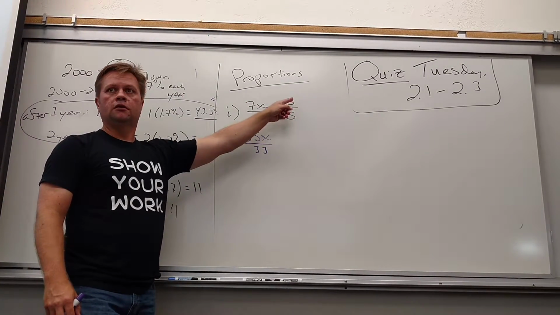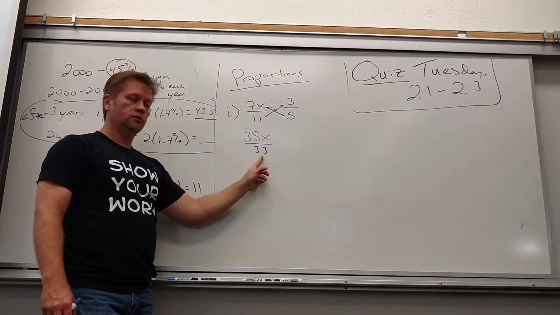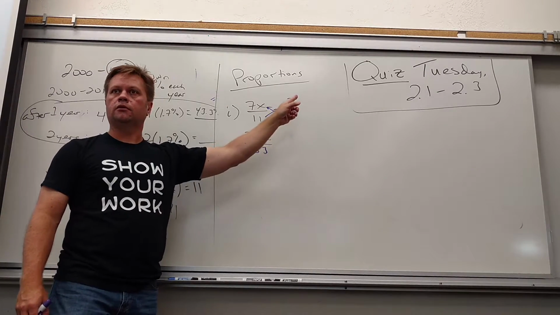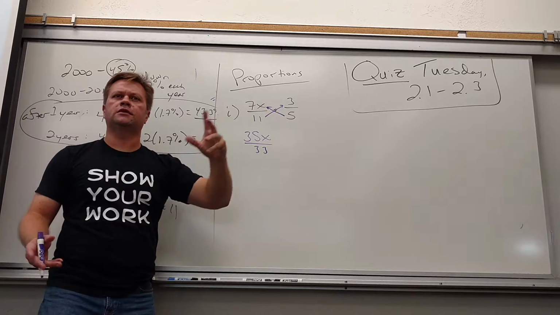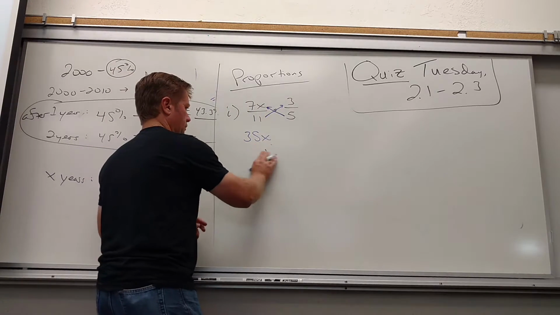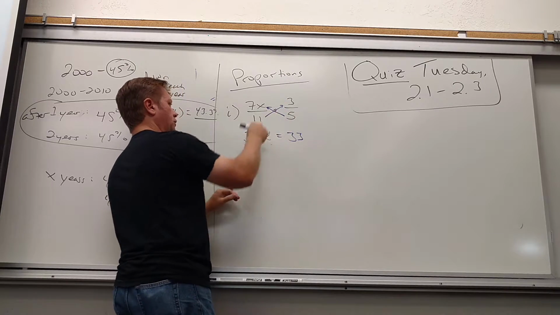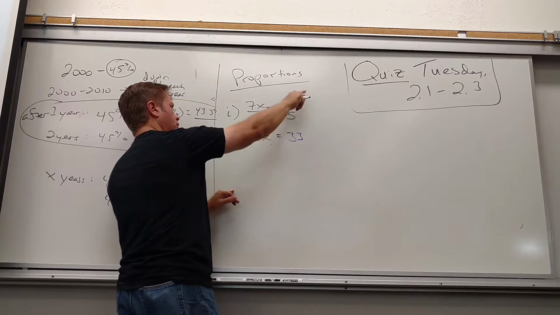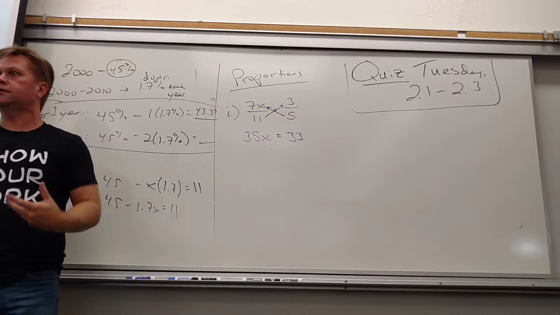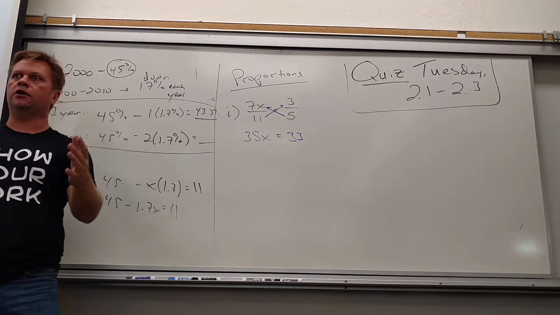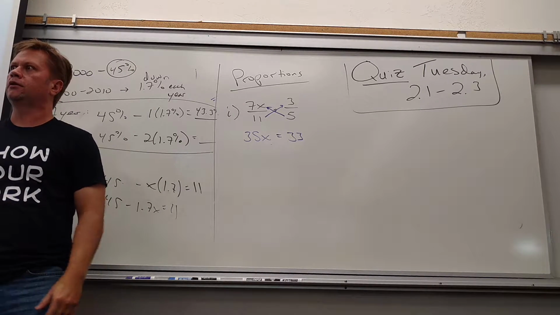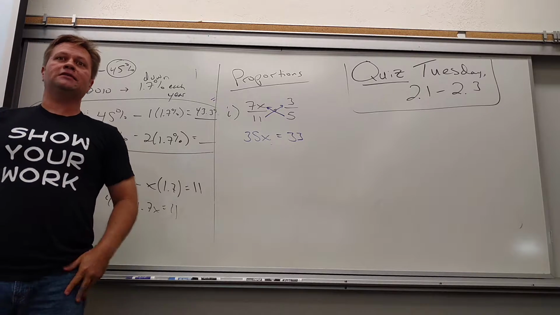They pulled the 33 down, right? Instead of pulling the 11 up. Do you guys see what it's supposed to be? 35x equals 33. So what did they do? They put the 33 down instead of the 33 up. That's the mistake they made. And then they were like, what do I do from here? And I'm like, I don't know. Maybe go back and erase?